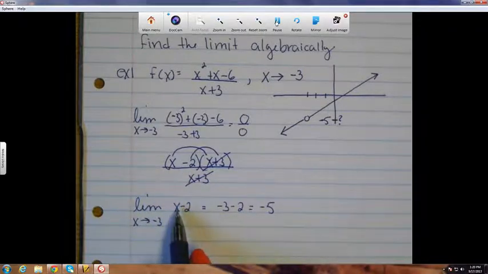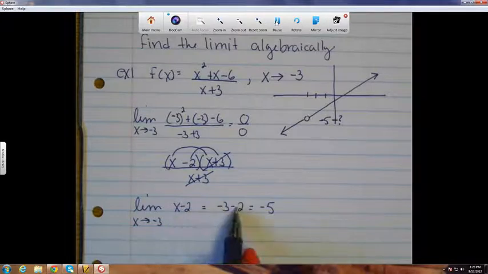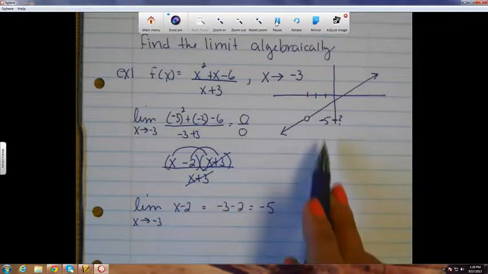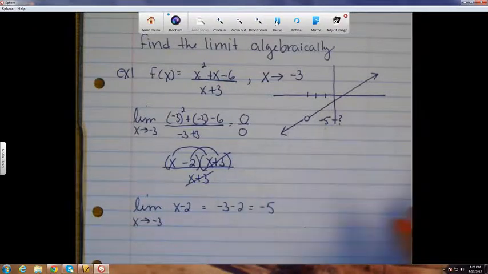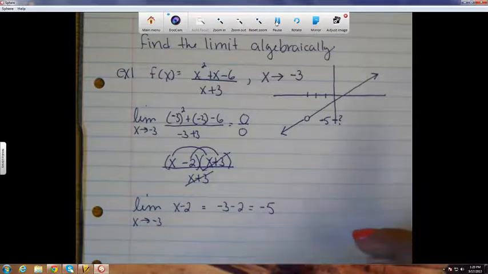Plugging in negative 3 minus 2, negative 5. And that's what we thought we should get from the table. We're just going to practice this skill today, but the factoring is going to get a little bit more challenging. You're going to have to use that skill you learned the other day.